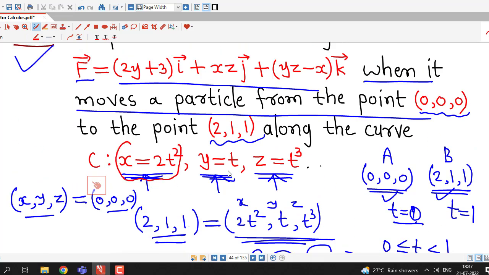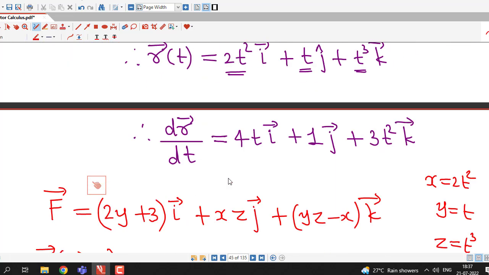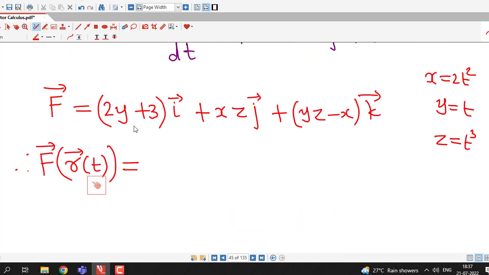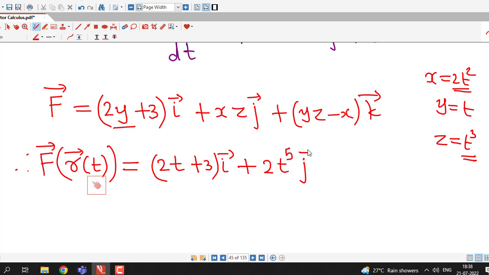Here 2 into y is t, so I have (2t plus 3) i, plus x into z, x is 2t square, z is t cube, 2t square into t cube, that is 2t raised to 5, times j, plus y into z, that is t into t raised to 3, which is t raised to 4, minus x is 2t square, times k.